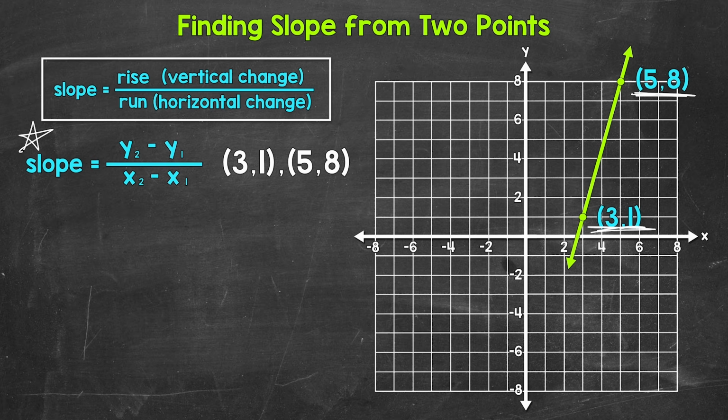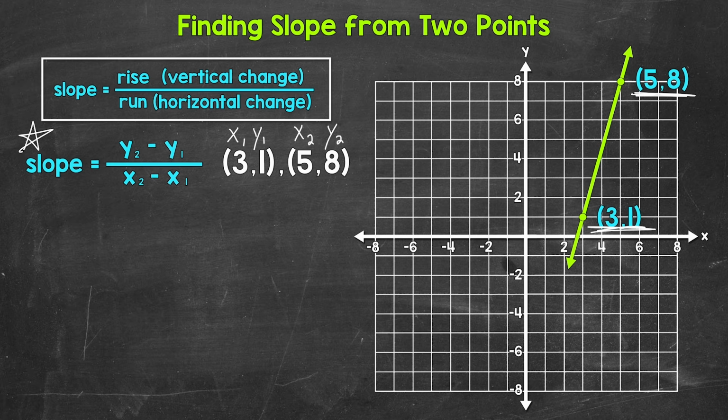Let's label these now. So for 3, 1, 3 is our x coordinate, so let's label that as x1, and then 1 is our y coordinate, so let's label that y1. Now for 5, 8. 5 is going to be x2, and 8 is going to be y2. Now all we need to do is plug these in to our formula, and I'm going to rewrite our formula in order to help us get this down.